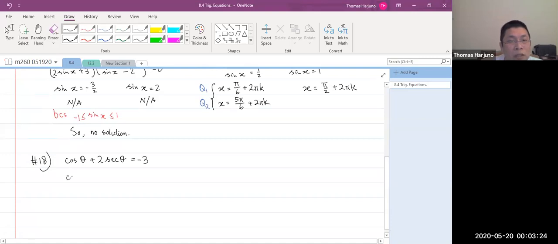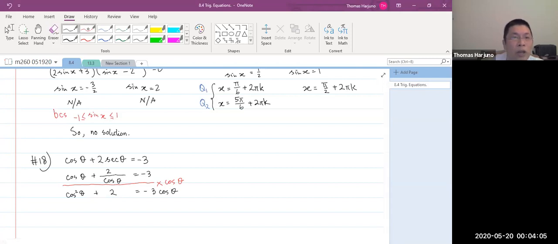Now, notice that secant theta is 1 over cosine, so I can write this as 2 over cosine theta equals -3. Is it right? Now I will multiply each term by cosine theta, just to get rid of the denominator. So I have now cosine squared theta plus 2 equals -3 cosine theta.